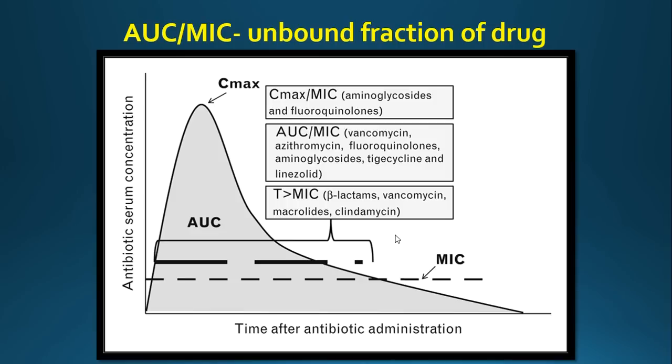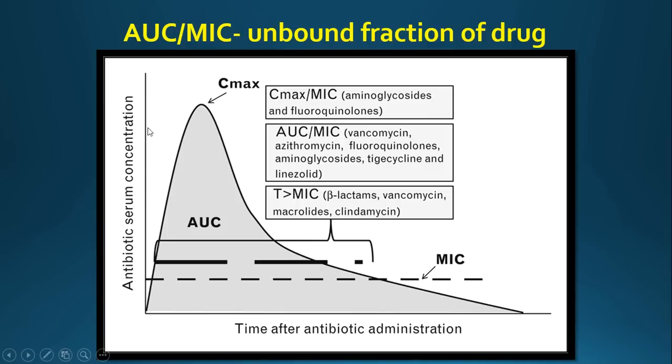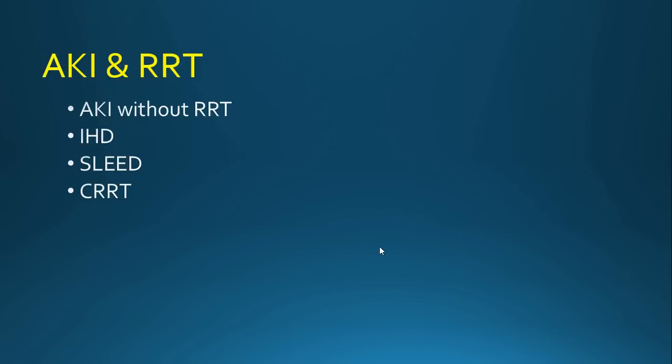Previously I showed the slide of algorithms of different drugs which demand more dosing and less dosing. That is a key slide, and this one is also a key slide. Here you can see your C maximum, area under curve, and the time.